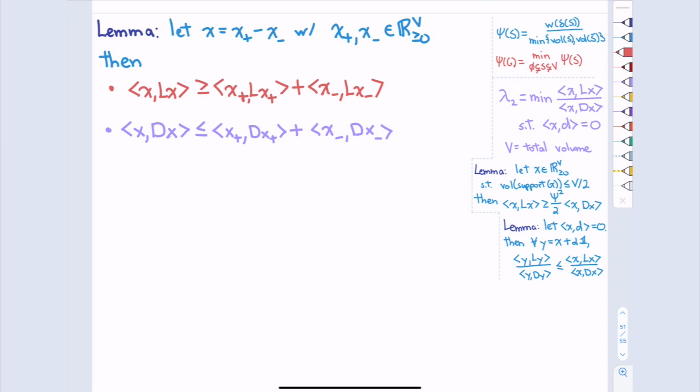So I can write x as x plus minus x minus, where both are non-negative vectors. Then it's not too hard to work out some calculations and show that x^T L x is at least the sum taken apart, and x^T D x is at most the sum together. This would be just calculations, not too much going on there. I think it's more fun to see it come together. If we have time, we can come back to this.